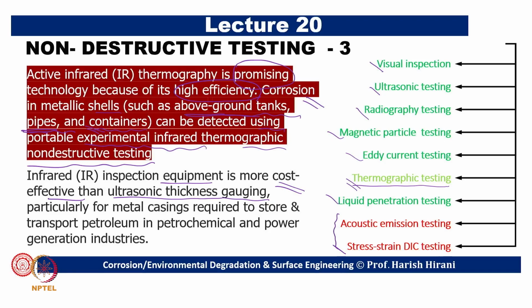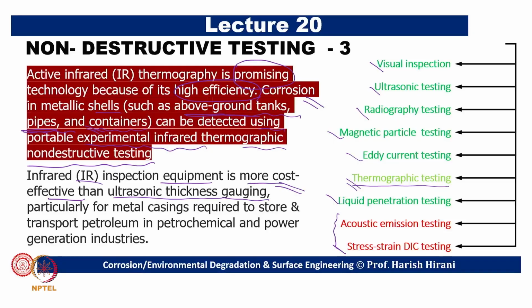Of course, it depends on what kind of sensors and cameras we choose. I am just giving data on average, it is not that it will always be so. Somebody may have a much better camera and somebody may use a sensor which is relatively cheaper than the best sensors available. Naturally, in that situation UT will be slightly cheaper. However, we are talking about average values. In this case, we say IR inspection equipment is more cost effective than ultrasonic thickness gauging.